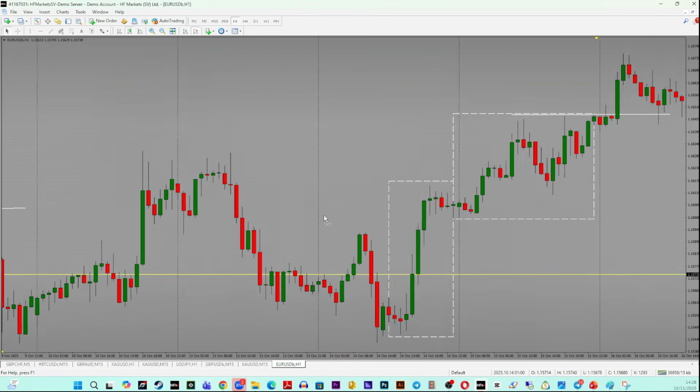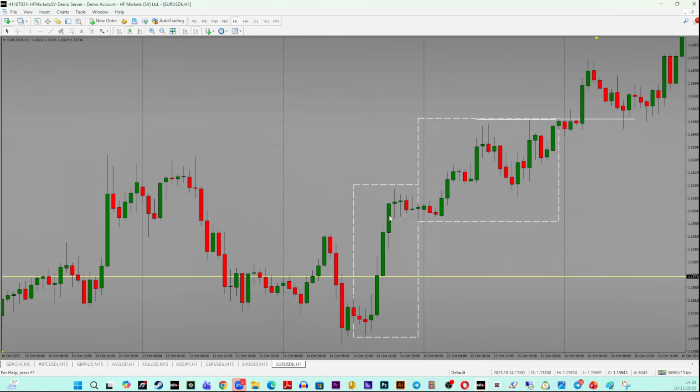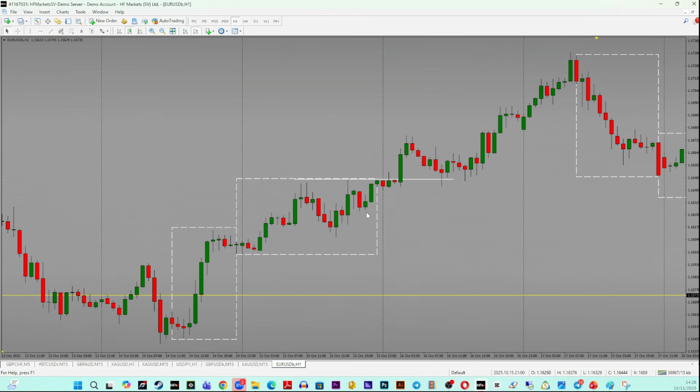Let's have another example. We can see here a day of rise was issued. Its high was this one, and after that we can see the second day of rise was issued, breaking the high of the previous impulse, and we've said it should close right above this break of structure.